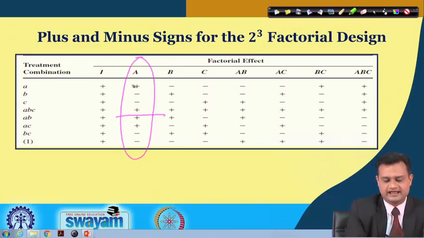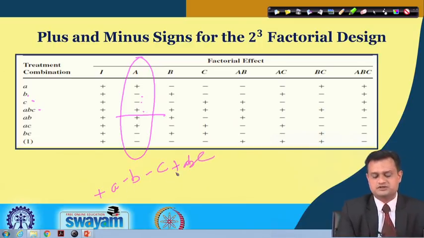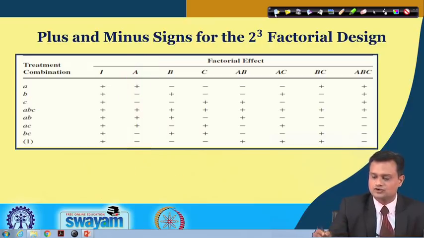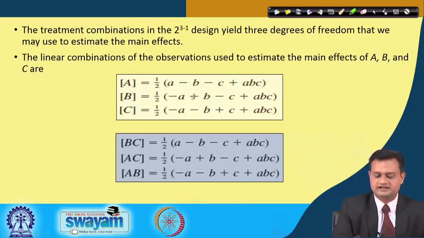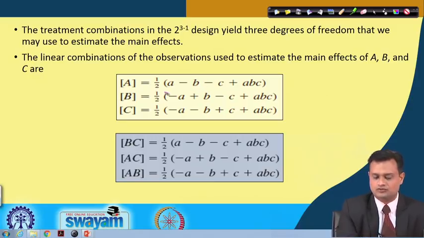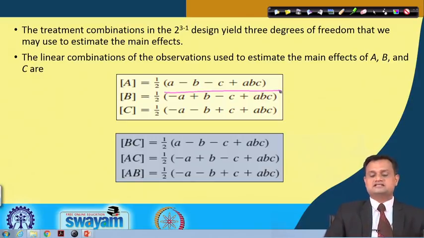So just see: A into plus is plus A, B into minus is minus B, C into minus is minus C, and ABC into plus is plus ABC. So A minus B minus C plus ABC you got, and just try to verify whether it is true or not. Yes, it is there, and this is for averaging out 1/2: A minus B minus C plus ABC.